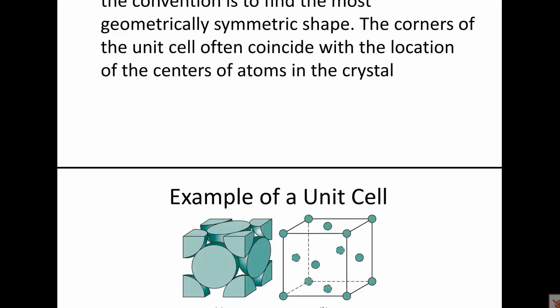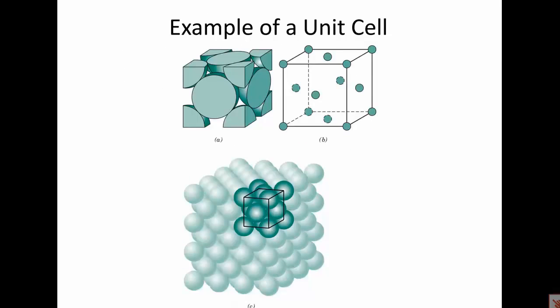Let's have a look at an example of a unit cell. Shown here in A is the unit cell for the face-centered cubic structure. Imagine you had a large number of these, and you started with one, and you put another one directly next to it, like so.